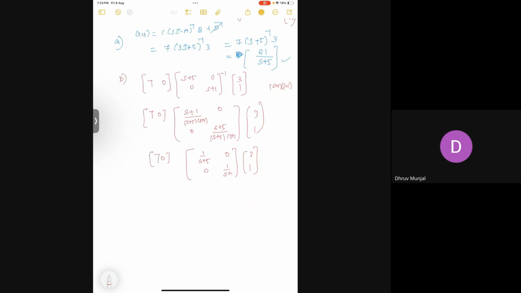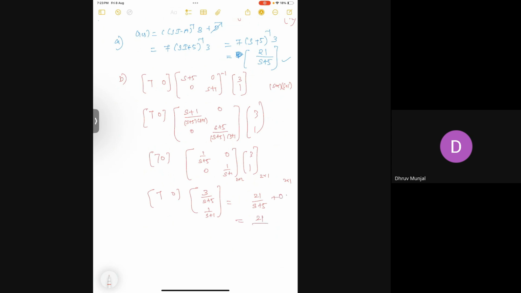So we get 3 by s plus 5 plus 0; this is a 2 cross 2 times a 2 cross 1, so you get a 2 cross 1 output. This gives me 7, 21 by s plus 5, 0.